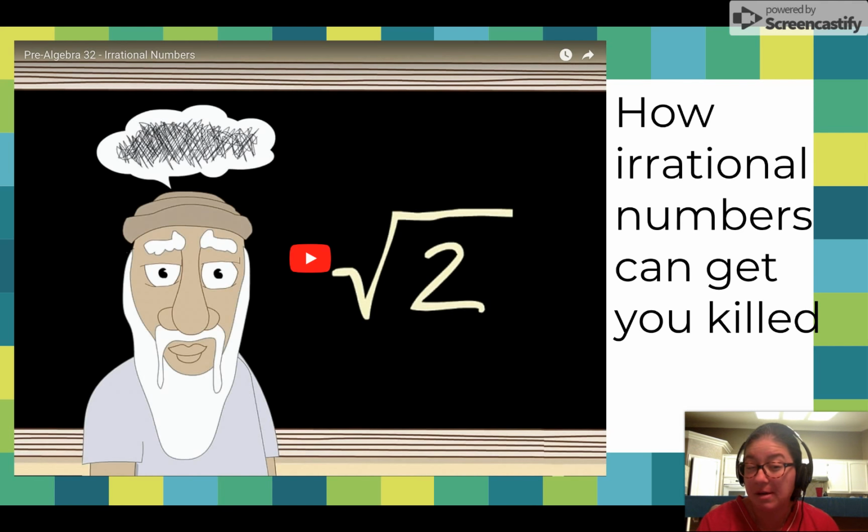And then they discovered that the square root of 2 could not be written as a ratio. The mathematician group that discovered this was told not to let this secret be known. The guy who did talk about the fact that there were numbers that couldn't be written as ratios or fractions was killed.